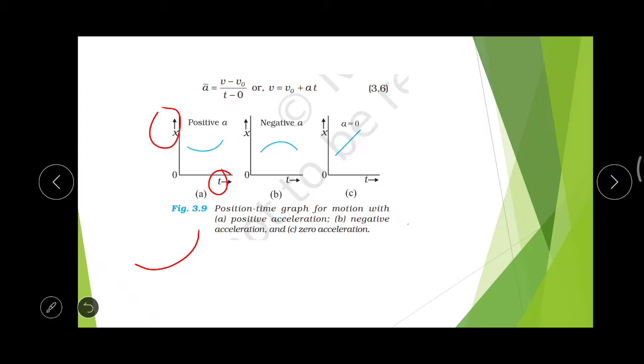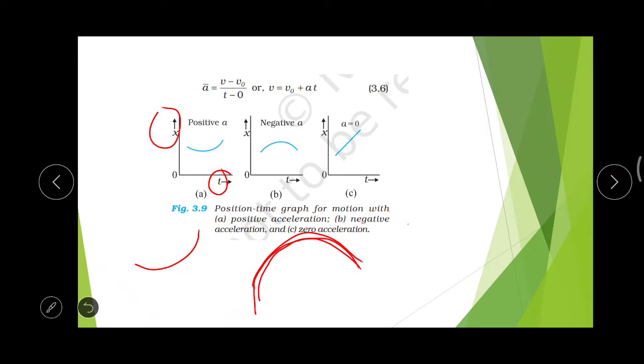And if the graph is curved downwards like this, then that object is moving with a negative acceleration.